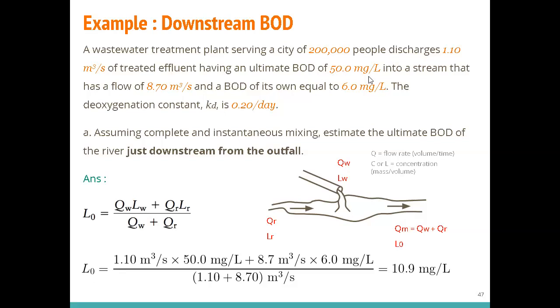Okay, so we release this into a stream that has a flow. So you have a volume flow rate and the biochemical oxygen demand of its own. It turns out that inside the stream it also has some organic matter, right? Of course, in the wastewater you have a lot of organic matter, so a higher BOD, but the stream itself naturally also contains some organic matter.